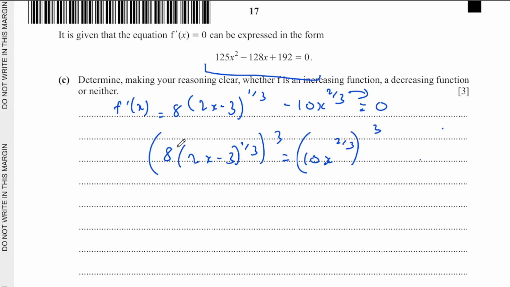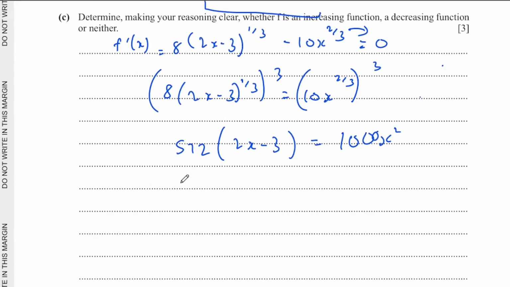This would make it 8 cubed, which is 512, times (2x minus 3), and obviously the power 1 over 3 goes away because you're cubing, equals 1000x squared. And we could just multiply out here, which will become 1024x minus 1536 equals 1000x squared.